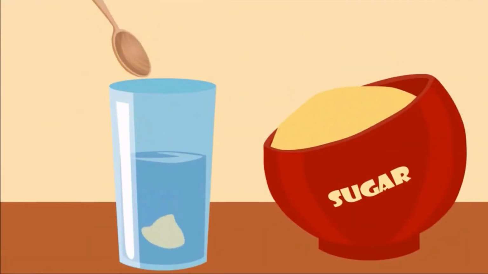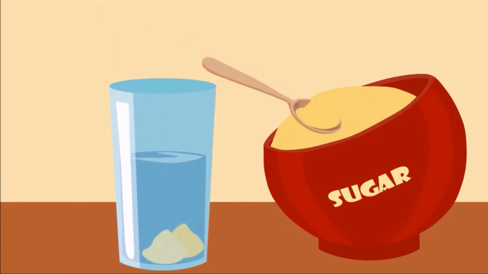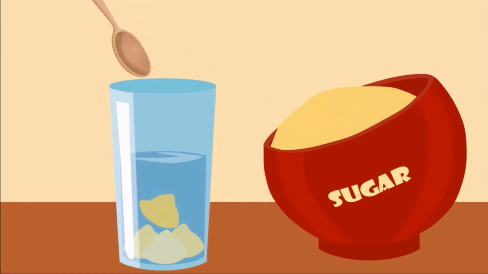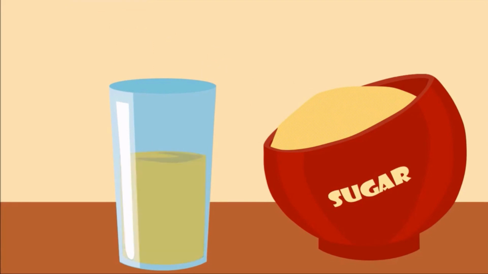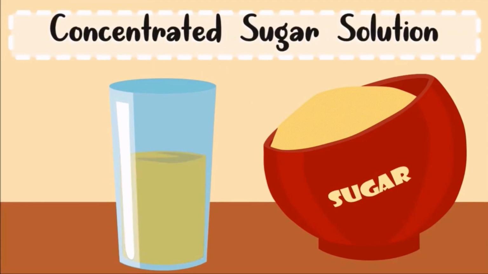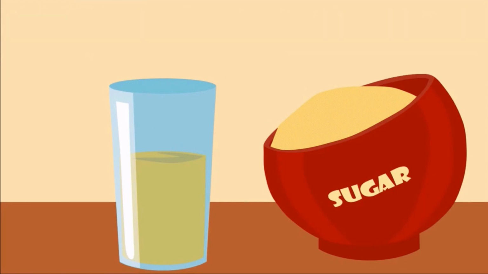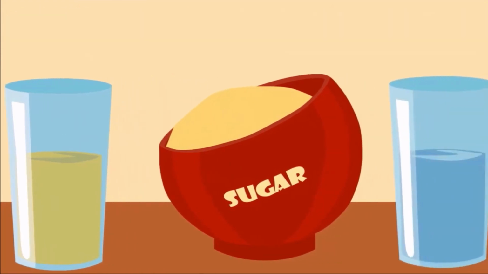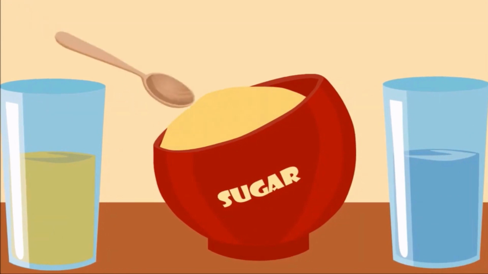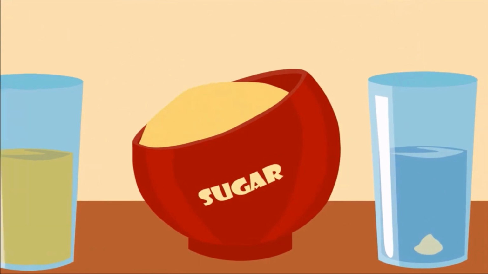For example, if you put so much sugar in a glass of water, this sugar solution becomes concentrated. On the other hand, if you add more solvent than the amount of solute, the resulting solution becomes diluted.